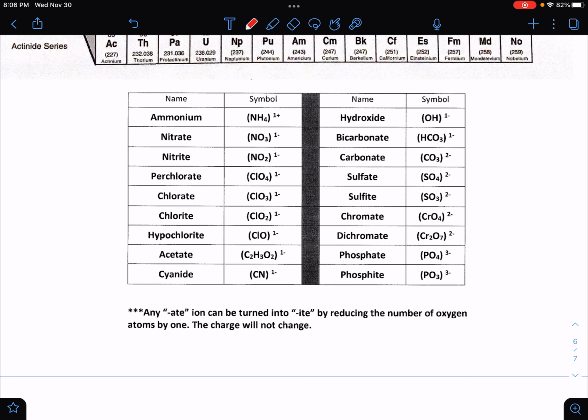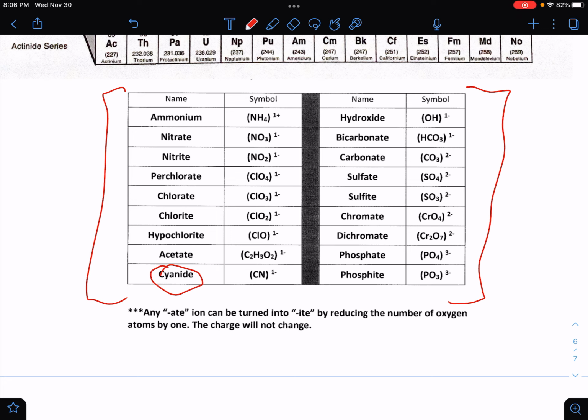If you are searching all over your periodic table for something and you cannot find it, please check this polyatomic group first, because if you're looking for something like cyanide, you're not going to find it on the periodic table. I like to tell my students it will save you so much time if you check this list first, and then if it's not on here, that means it has to be on the periodic table. It's a lot easier and it will save you time.